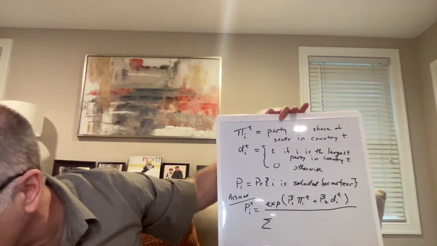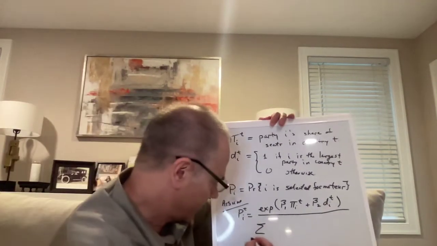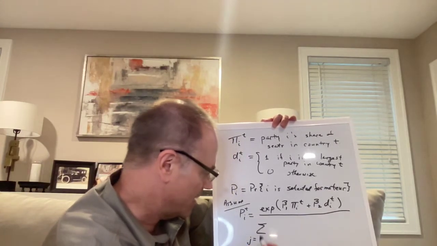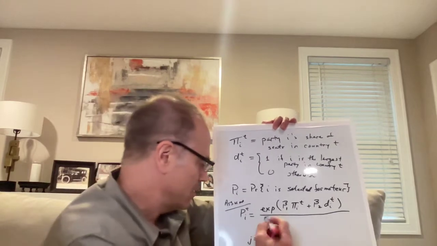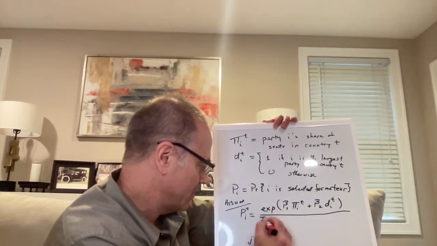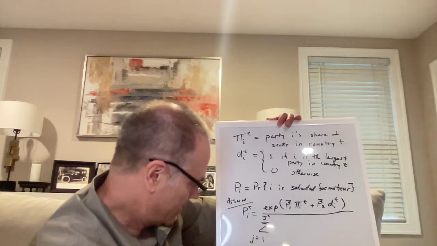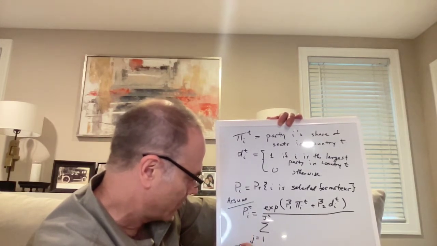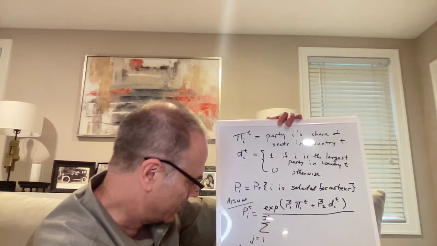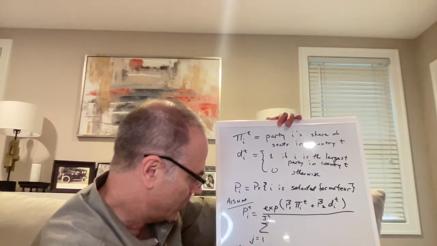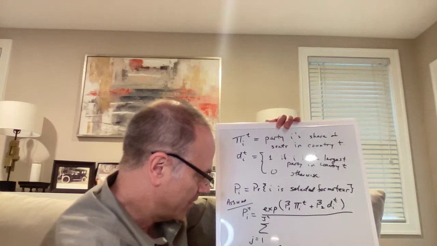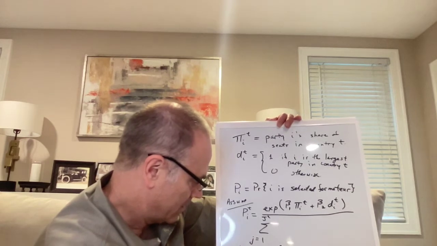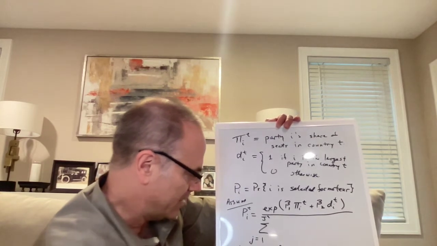the summation, j equals 1 to, let's call it big J superscript t. I don't think Diermeier-Merlo used this terminology, but I will. J^t equals the total number of parties in country t.